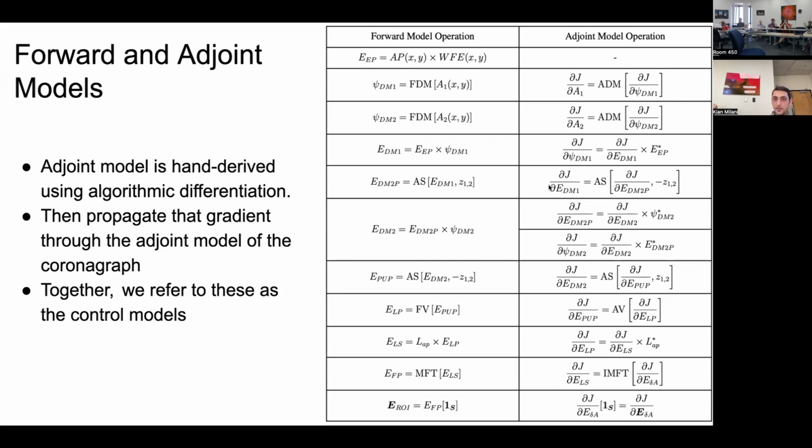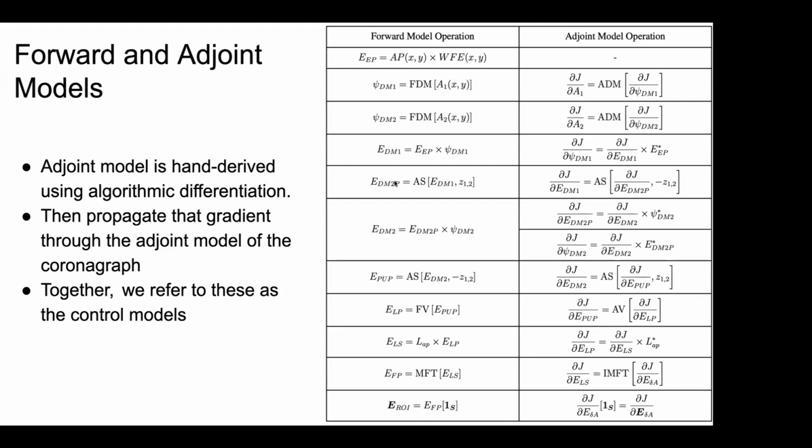In this particular table, what I'm showing is all of the forward model operations required for a generic 2DM coronagraph system, as well as every adjoint operation in the adjoint model that is required for each forward model step. So together, we call these the control models of our system.